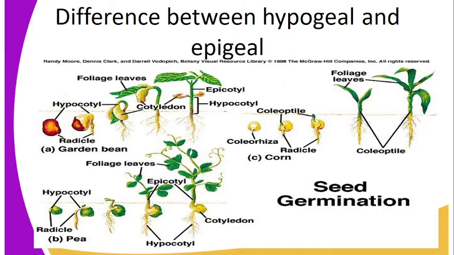So anytime you are told to differentiate between hypogeal and epigeal germination, remember that in hypogeal germination, the cotyledons remain below the ground during germination, but in epigeal germination, the cotyledons are pushed above the ground.